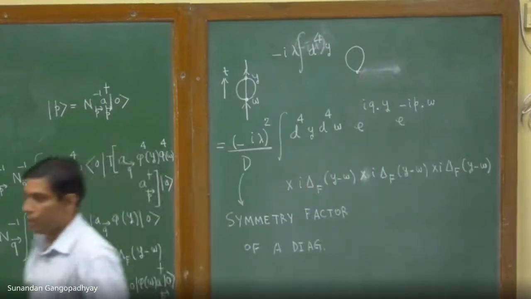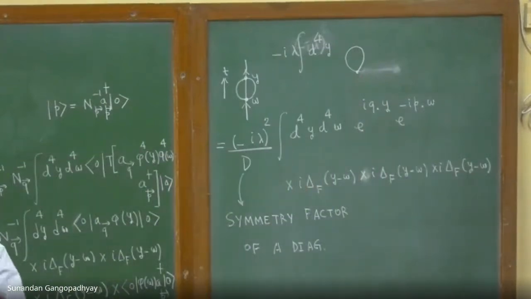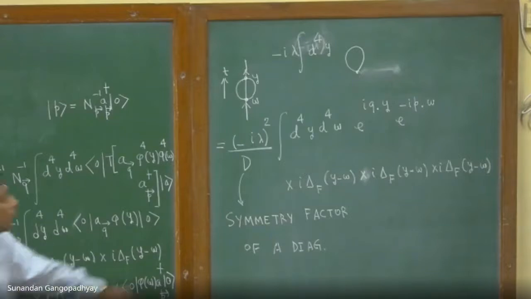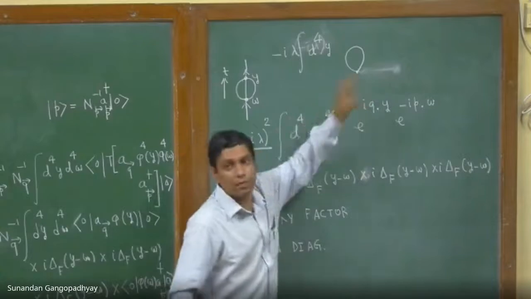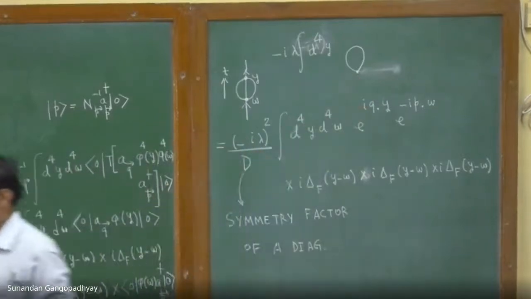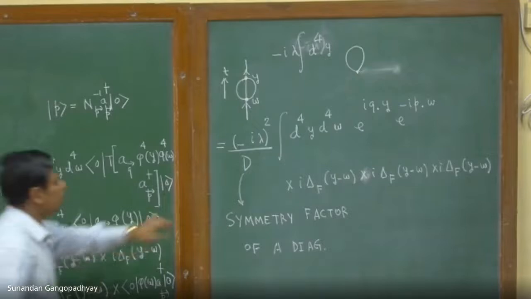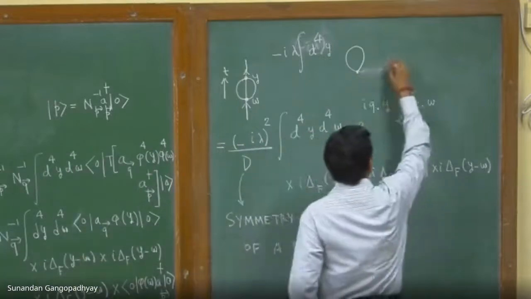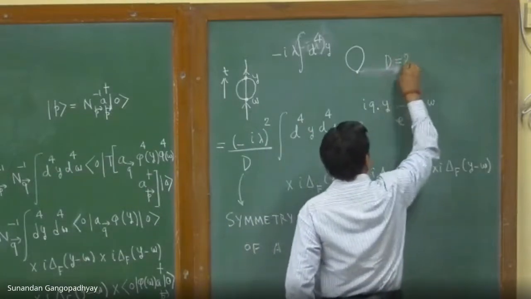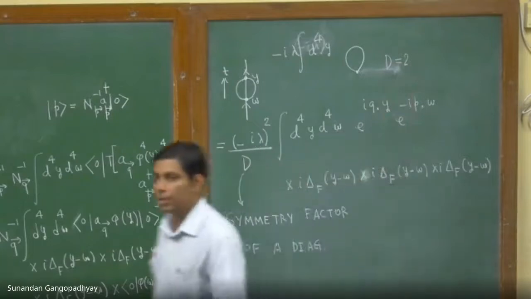This is a loop. So both the ends of this propagator end at a single point. So that actually gives you a loop. Then the symmetry factor for this particular thing will be d is equal to 2. Will be 2. This is the rule.